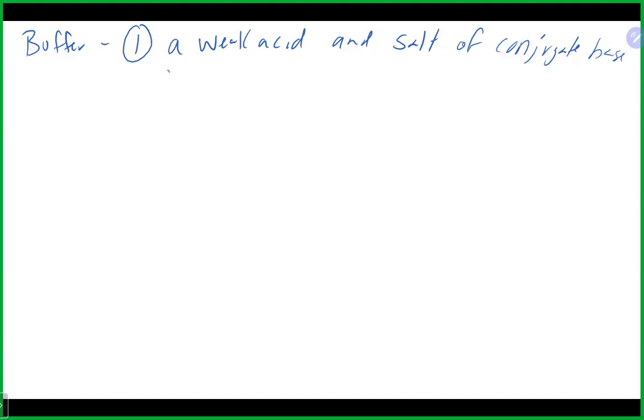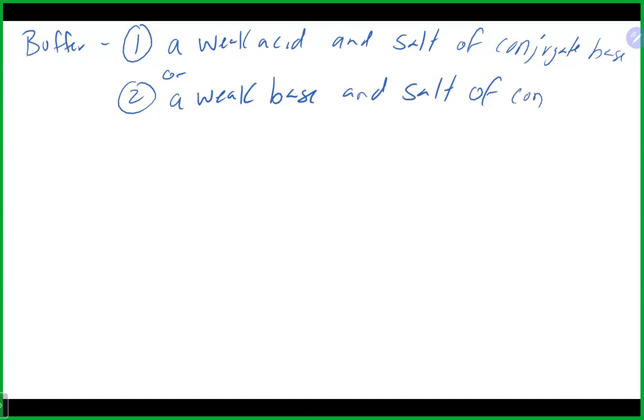Or you could make a buffer out of a weak base and the salt of its conjugate acid. And once again, the difference between both of those sides is that Bronsted-Lowry definition of just the one H plus.